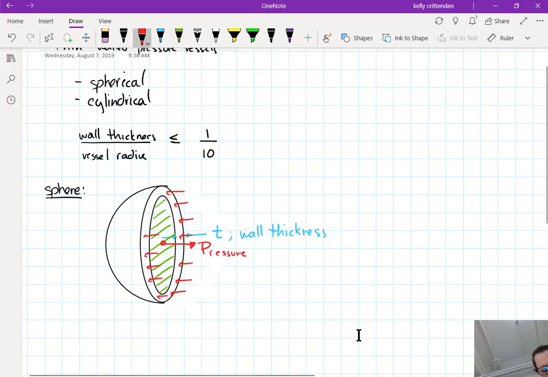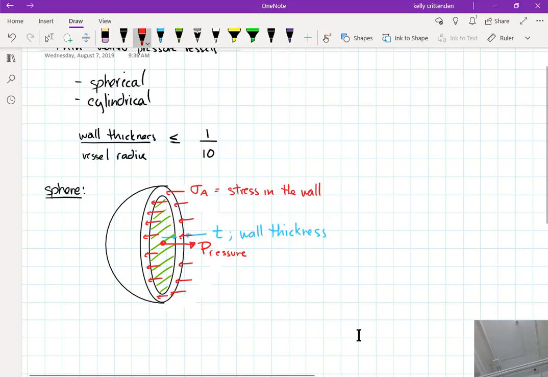So the higher that P becomes, the internal pressure, the more stress is in the wall. We'll call this sigma A, for kind of axial. Call it not a pressure, we'll call it stress in the wall. And so the higher this internal pressure gets, the higher the stress in the wall gets.